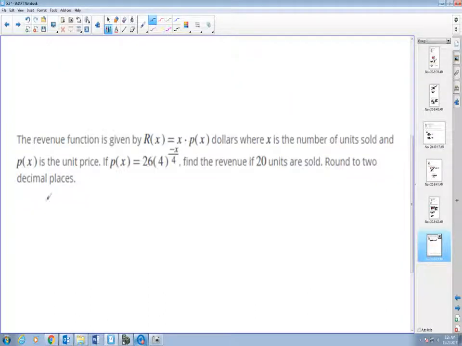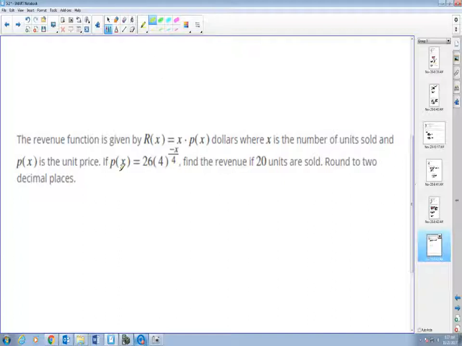Now this problem is really interesting. The revenue function. Make sure you understand this. The revenue function looks like this, where this x represents the number of units sold, and p of x is the unit price.